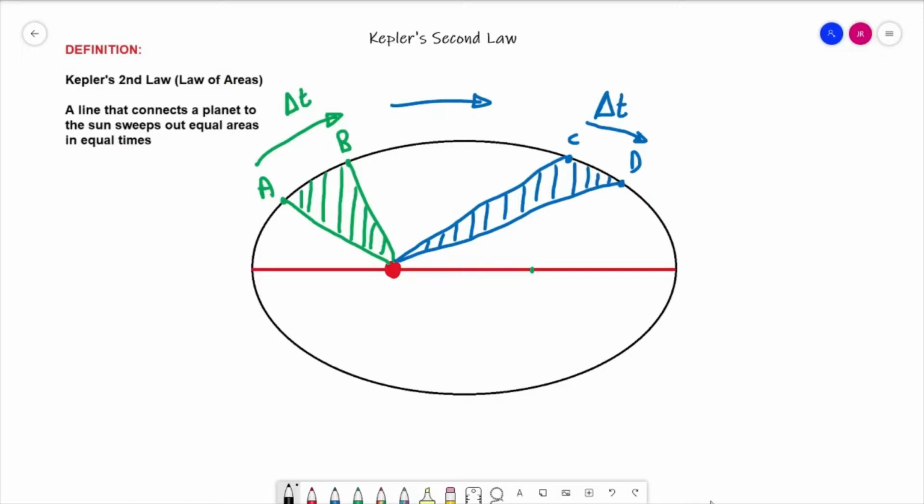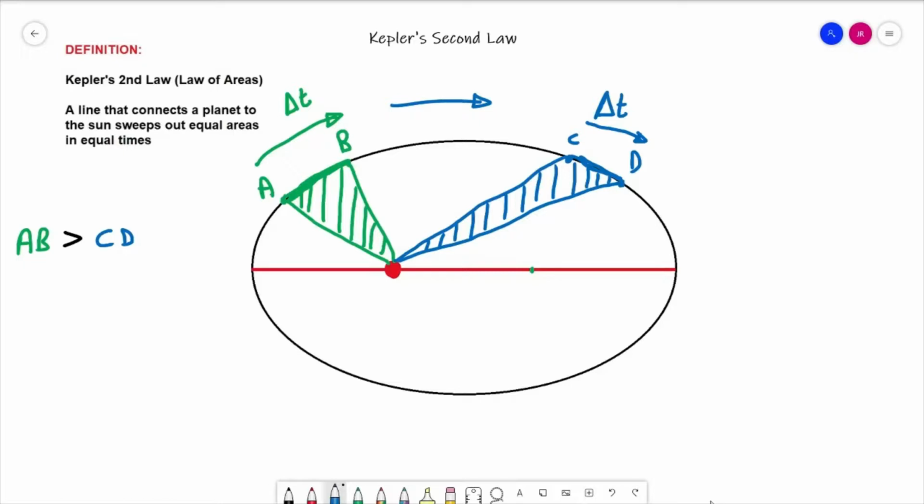So the lines from the Sun to A and B are shorter than the lines from the Sun to points C and D. Therefore, in order to keep these 2 shapes the same size, this distance here between point A and point B, which using maths terminology is the line AB, has got to be bigger than the line joining C and D. So AB has got to be greater than CD. The distance from A to B is greater than the distance from C to D.